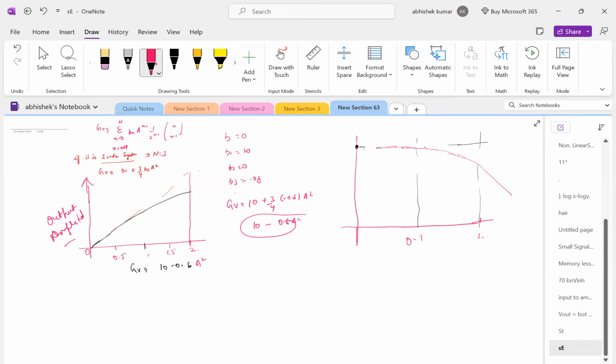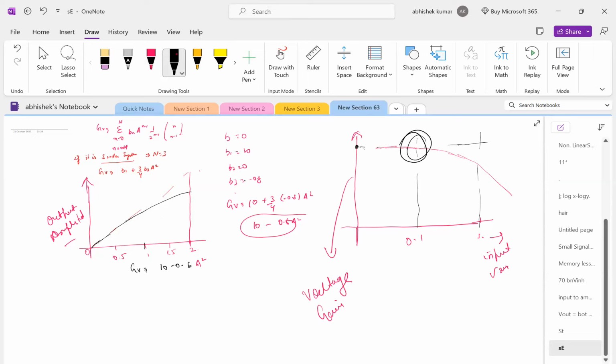This is the voltage gain you must be getting, and this is your input voltage. So you can observe here, we will have a gain compression. The gain automatically gets reduced.